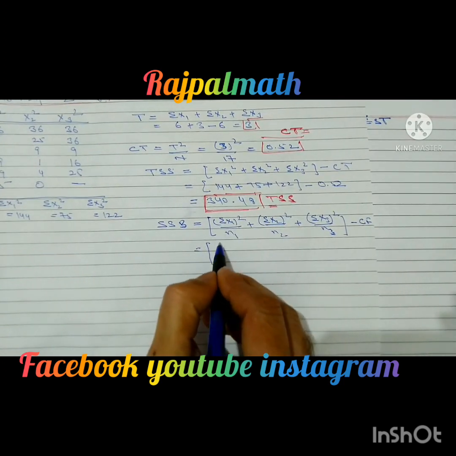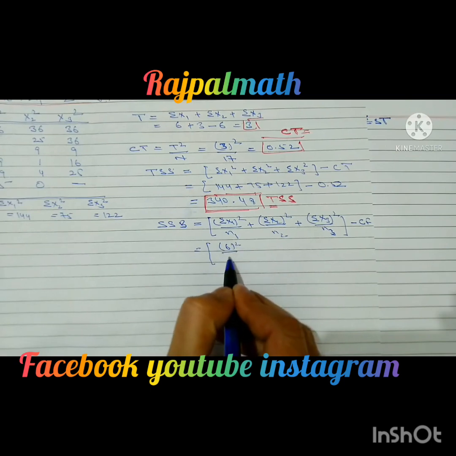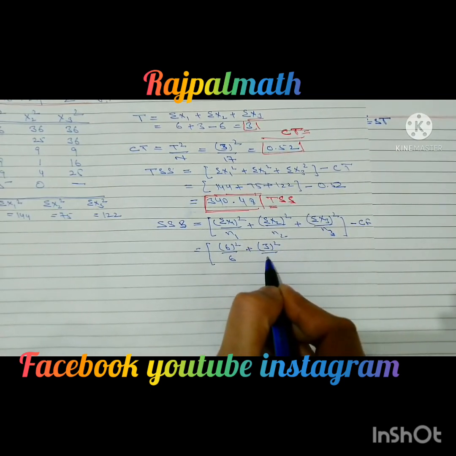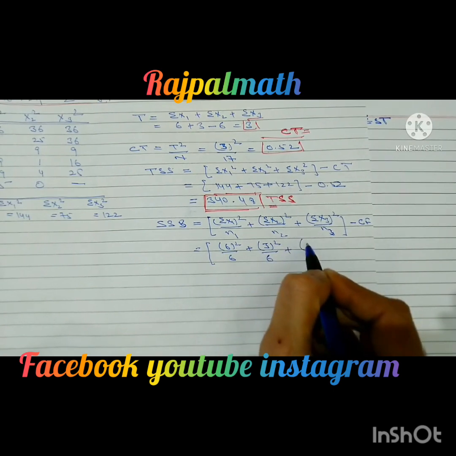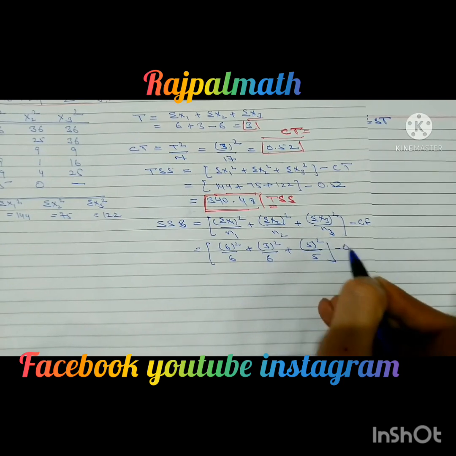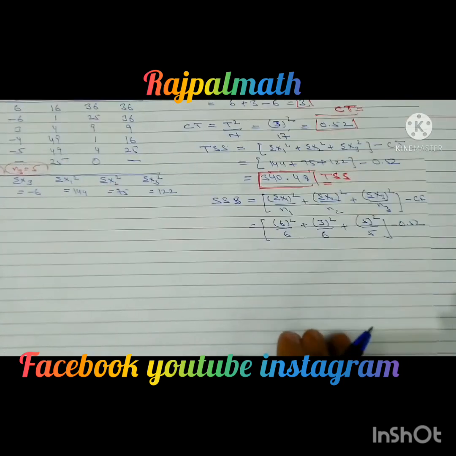Summation x1 is 6 square by n1 is 6, plus 3 square by n2 is 6, plus 5 square by n3 is 5, minus 0.52.